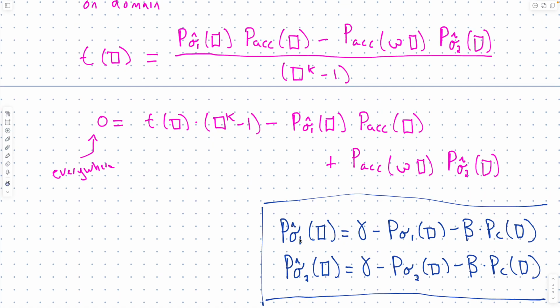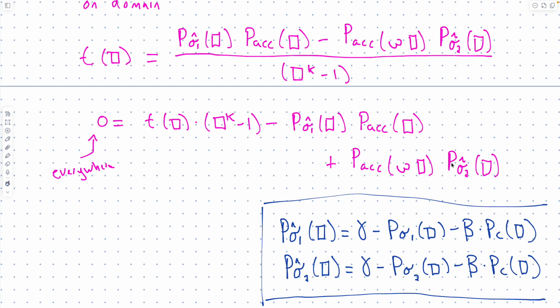So sigma 1 hat in polynomial form is gamma, which is just a number, a constant, minus the polynomial of the original sigma minus beta times p times the polynomial of c. Similarly with sigma 2 hat. So I'm going to replace this with this, and I'm going to replace this with this.